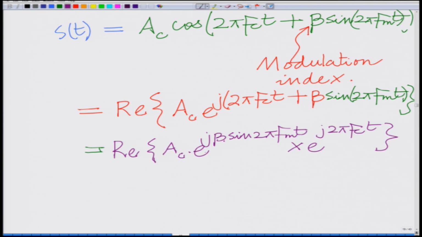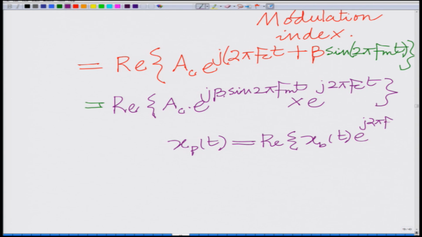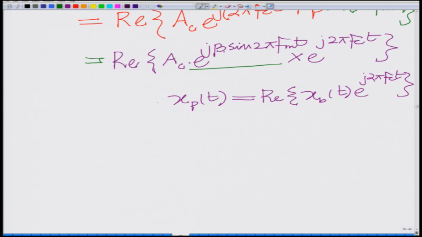And we know that whenever I write a signal in this fashion, that is the real part of some signal times e to the power of j 2 pi fc t, this is the complex baseband equivalent signal, okay. So, when we have a passband signal xp(t), it is the real part of xb(t), which is the complex baseband equivalent signal, times e to the power of j 2 pi fc t.